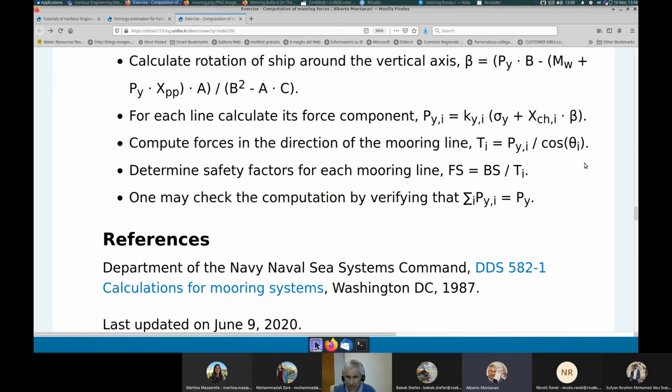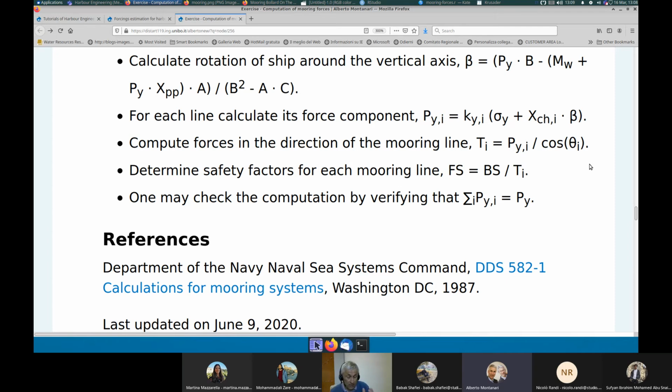Now, I understand that you are a bit puzzled now because we didn't look at the theory of this, but this is something that we don't need to look at in this subject, in this course. I'm sure that you dealt with similar problems in structural mechanics, not precisely this type of problem, because here there are also elastic mooring lines.